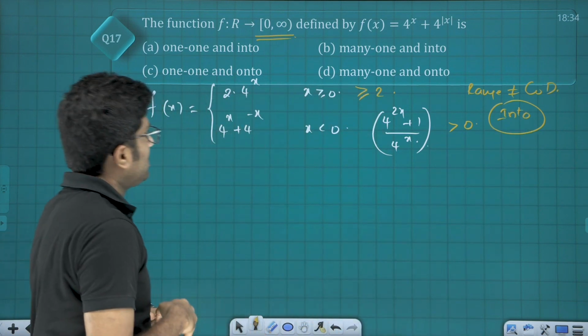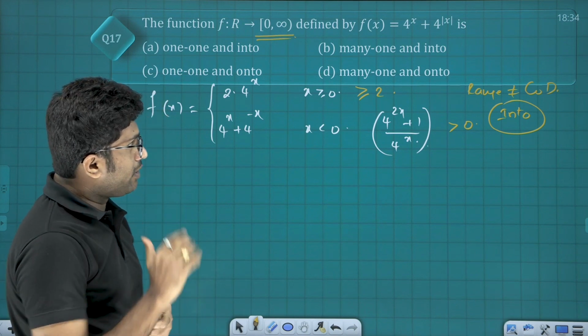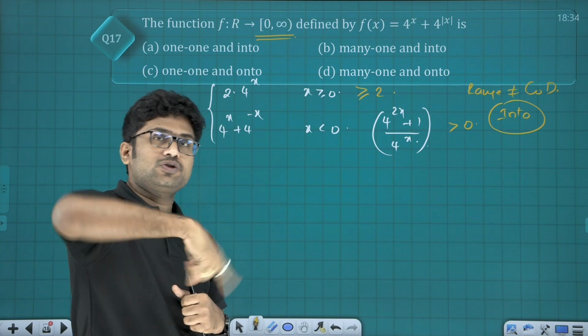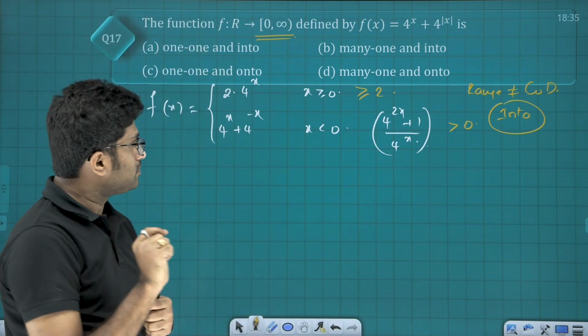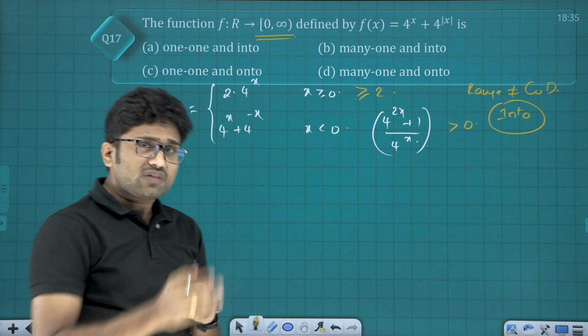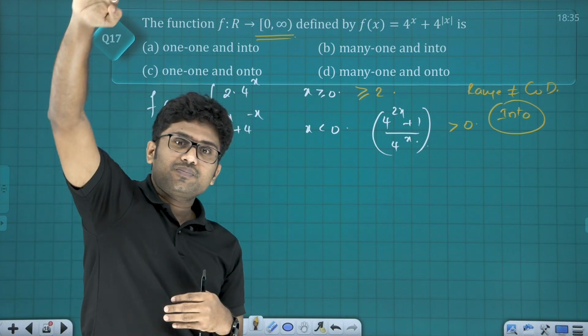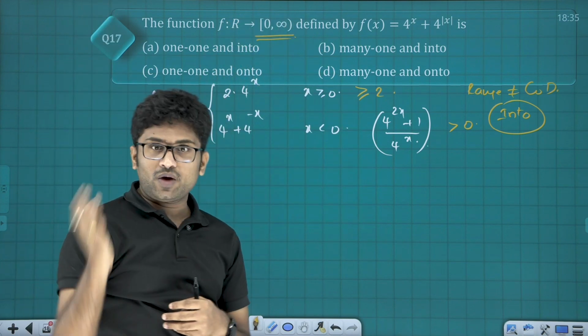Next, let's see regarding 1 1. By using differentiation, if f dash x greater than or equals to 0, it is increasing. Less than 0, it is decreasing. Correct? This is what we know. Now, if a function is only increasing, it is 1 1. Or if it is only decreasing, it is 1 1.